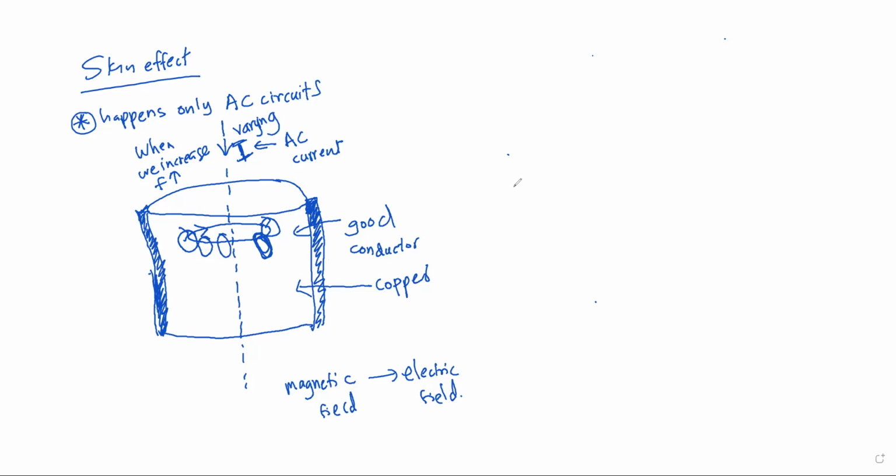Okay, so because of this, the conductor will look like a conductor which carries current only on the outer edge. So although this is a copper conductor, it will only carry current which is transmitted along the edge of the conductor.